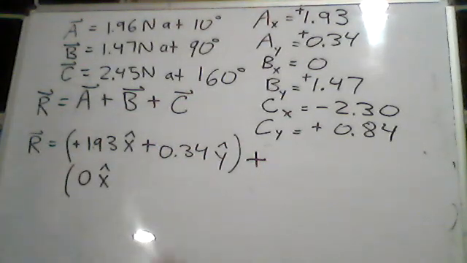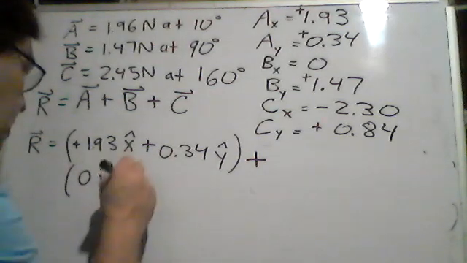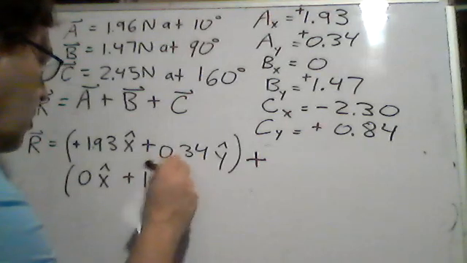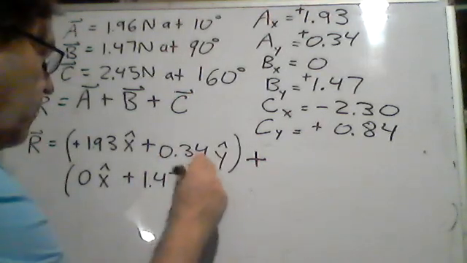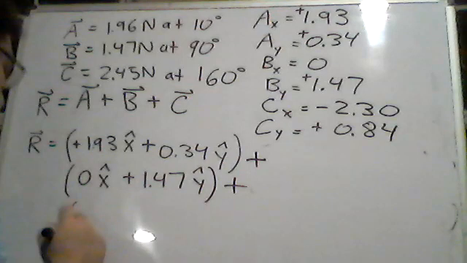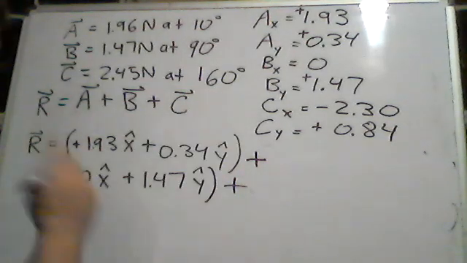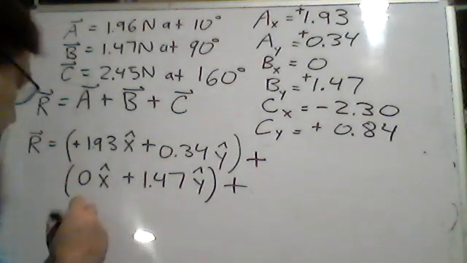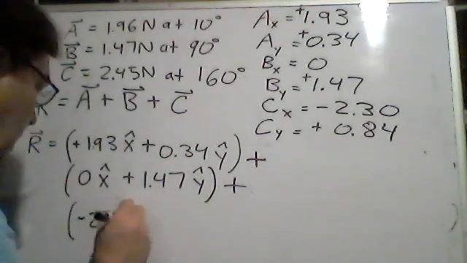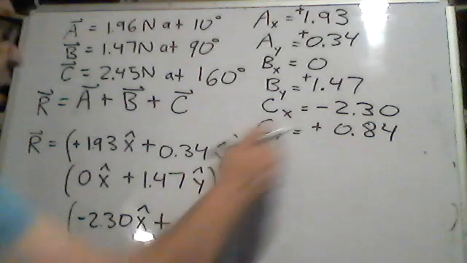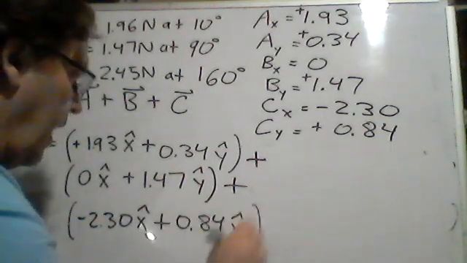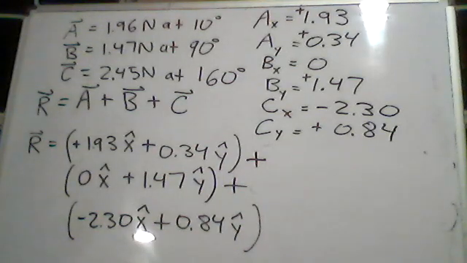Nothing in the x hat, and I don't even have to really write this term, but I'm going to write it anyway. And then plus 1.47, the whole vector, y hat. Plus, finally, C. One way you can mess yourself up is by forgetting your signs. Negative 2.30 x hat plus 0.84 y hat. All right, so I'm going to add all these up.